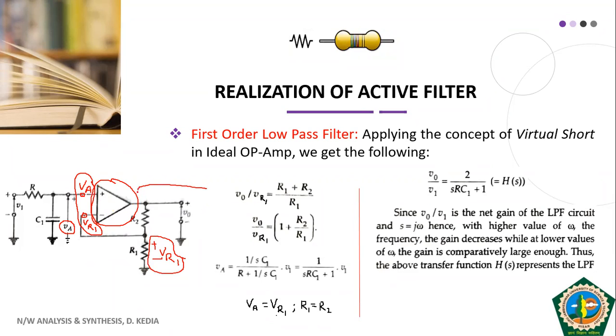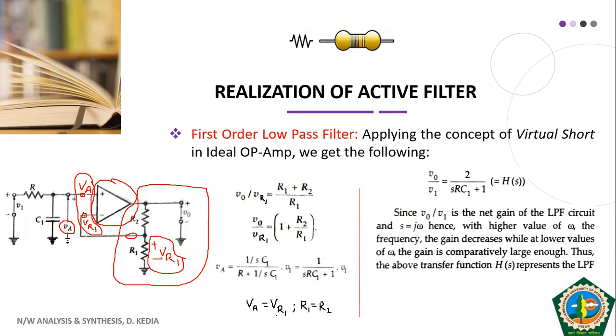Now you see this circuit, forget about the op-amp. So what we have is V naught, and this V naught is getting divided across R2 and R1. Okay, and you may now question whether some current may be flowing in this branch.